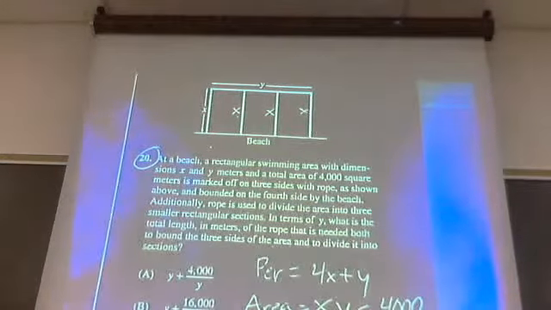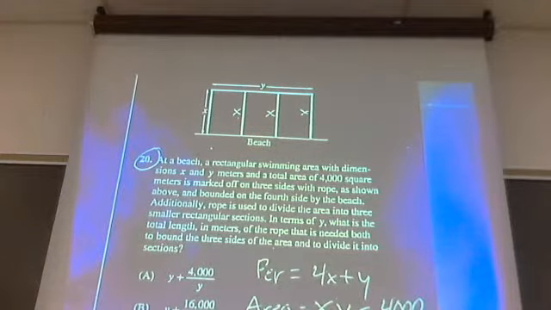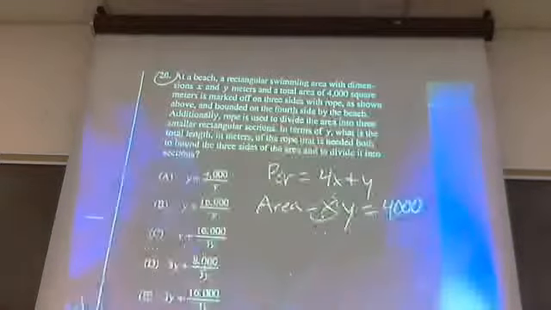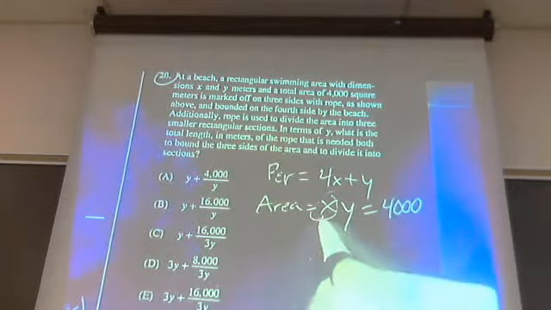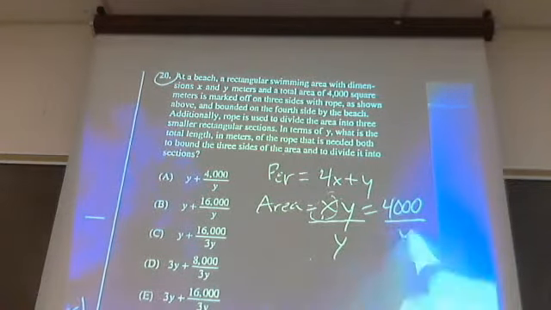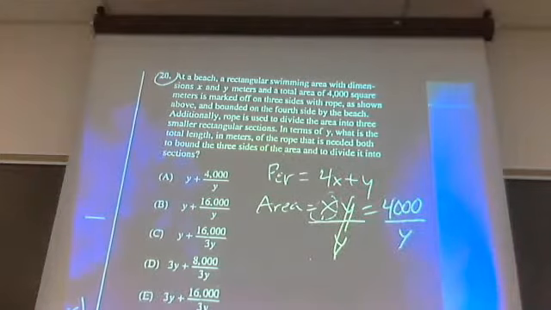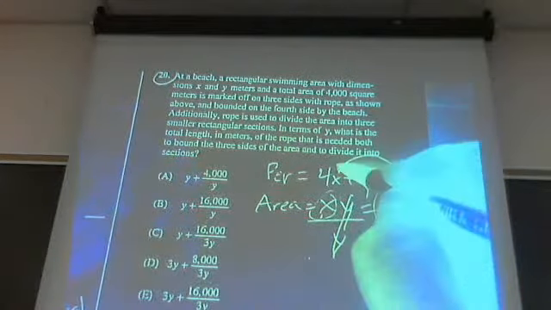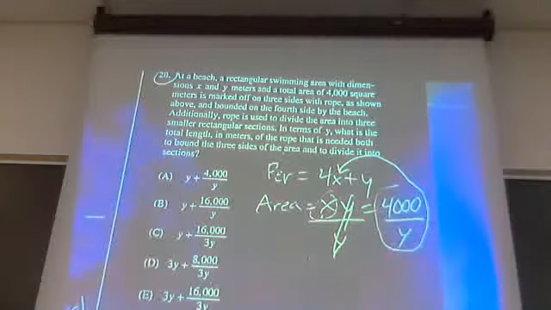And it looks like every one of the answer choices is based on the letter y. So I'm guessing we should probably solve this equation here for x. How would you solve that for x? Divide by y. Now we could take this and substitute it in here for x. Oh, that's the way to do it.